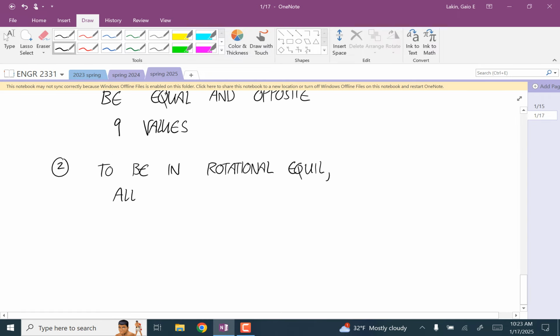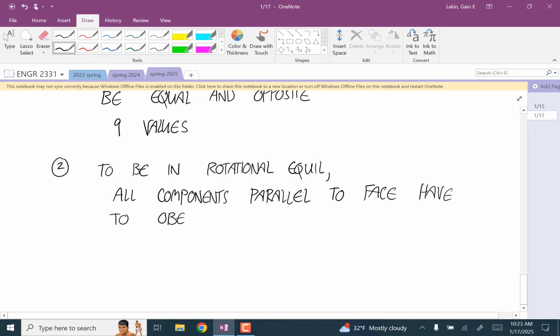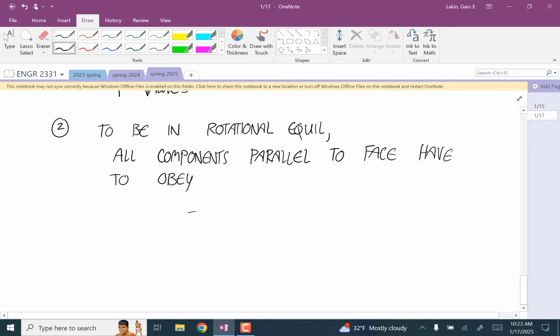So all the components parallel to the face have to obey, so they have to go like this, whatever direction you're looking at this thing.